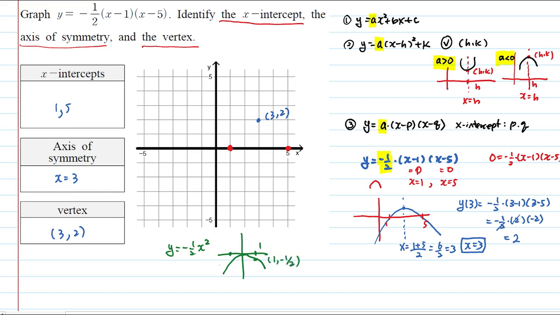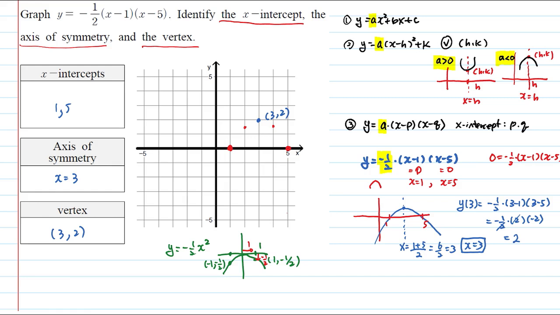Since this is a symmetrical graph, this point will be (negative 1, negative 1 over 2). Now you go to the right by 1, you go down by 1 over 2. This doesn't apply to any other points. It only applies to the one next to the center. So it will go through these 2 points as well, because it's just a parallel shift from negative 1 over 2 x squared.